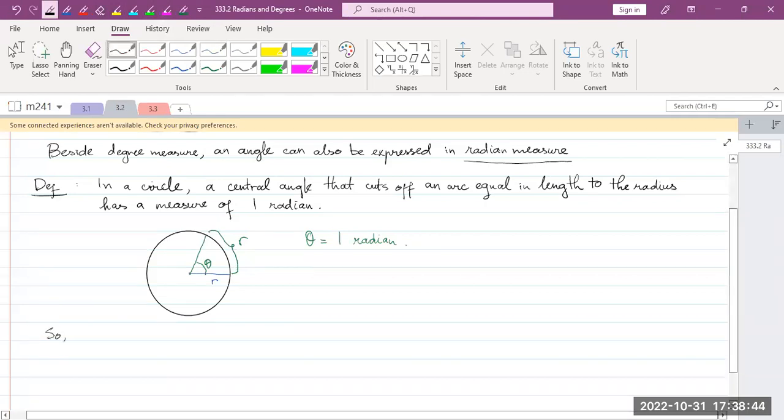So if the central angle theta cuts off an arc of length s, then that angle in radian is defined to be s over r radian.